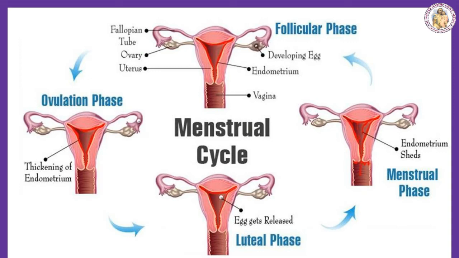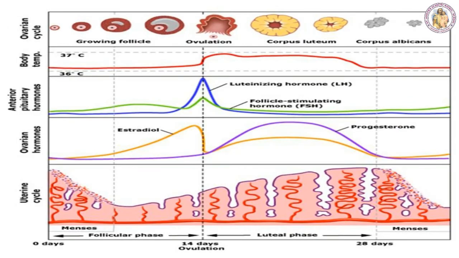The reproductive period is marked by a characteristic event repeated almost every month, that is 28 days with minor variation. The menstrual cycle consists of 4 phases: the menstrual or destructive phase, the follicular or proliferative phase, the ovulatory phase, and the luteal or secretory phase.